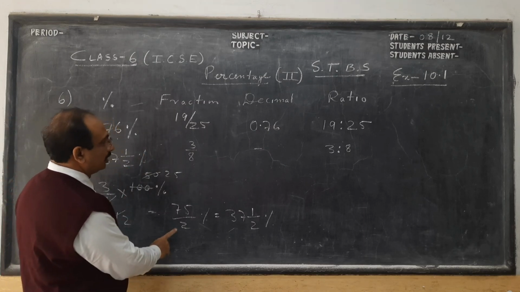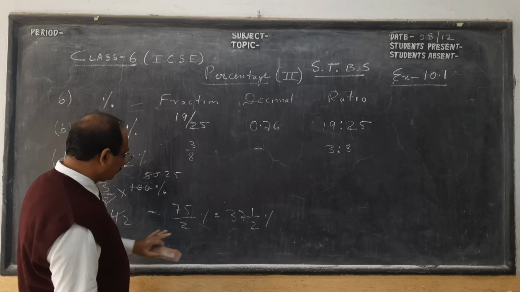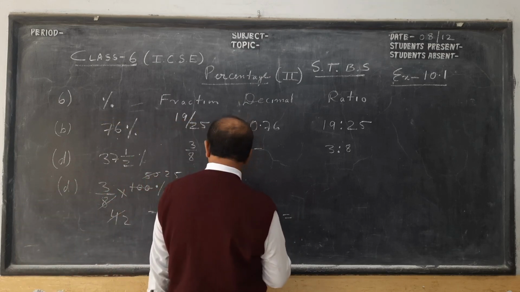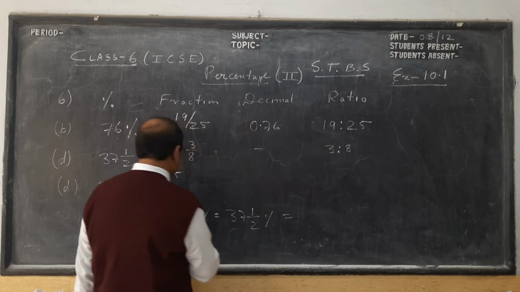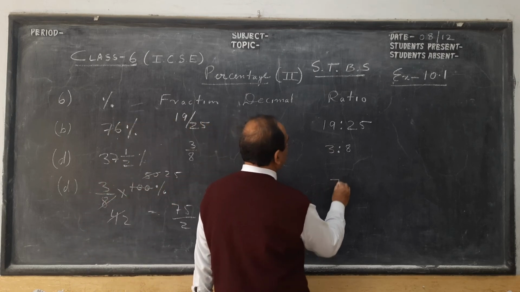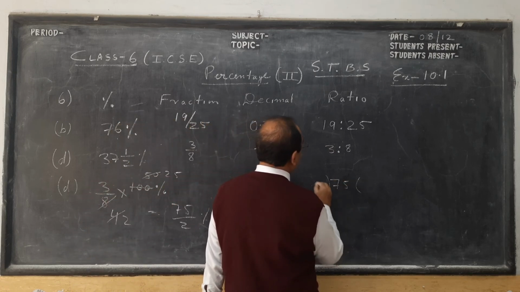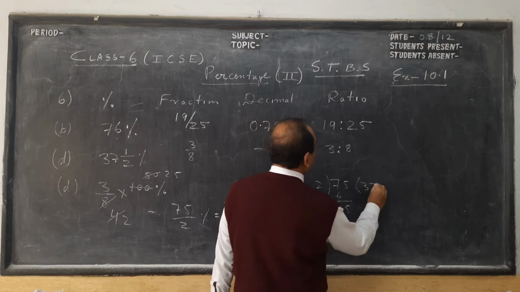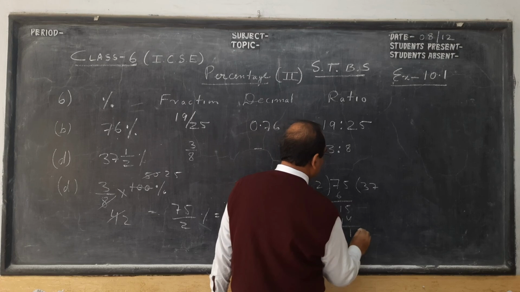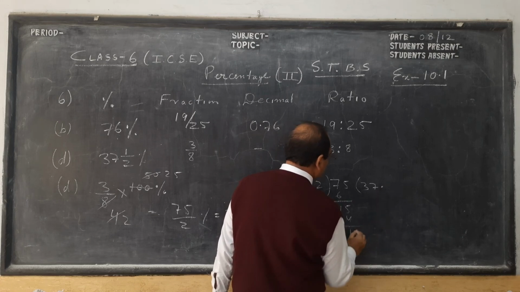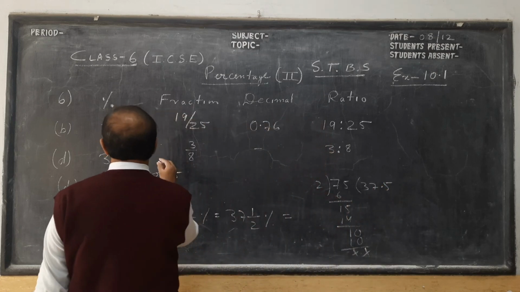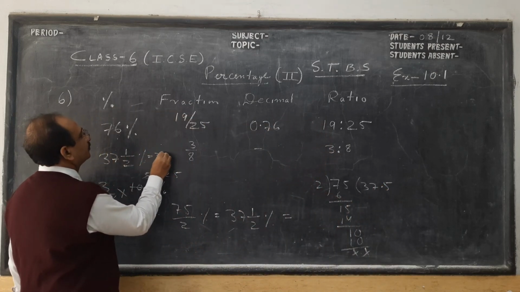If you convert this, so for decimal, we got percent, children. We could have written this 75 by 2. If you see here how we get it in decimal: 3 twos are 6, 1, 5, 7 twos are 14, 1, 0. Point will come and 0 will come. So we get this as 37.5 also.